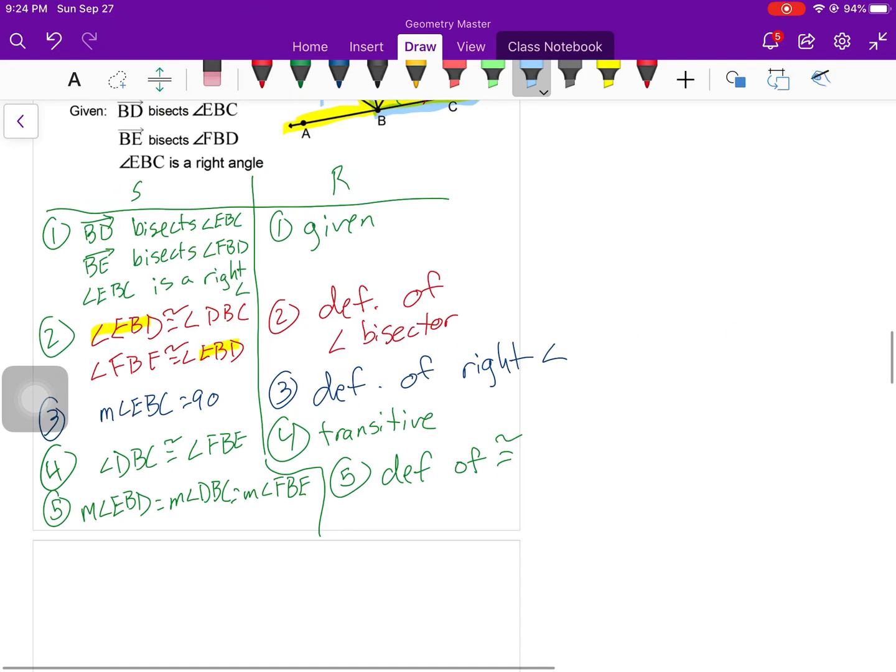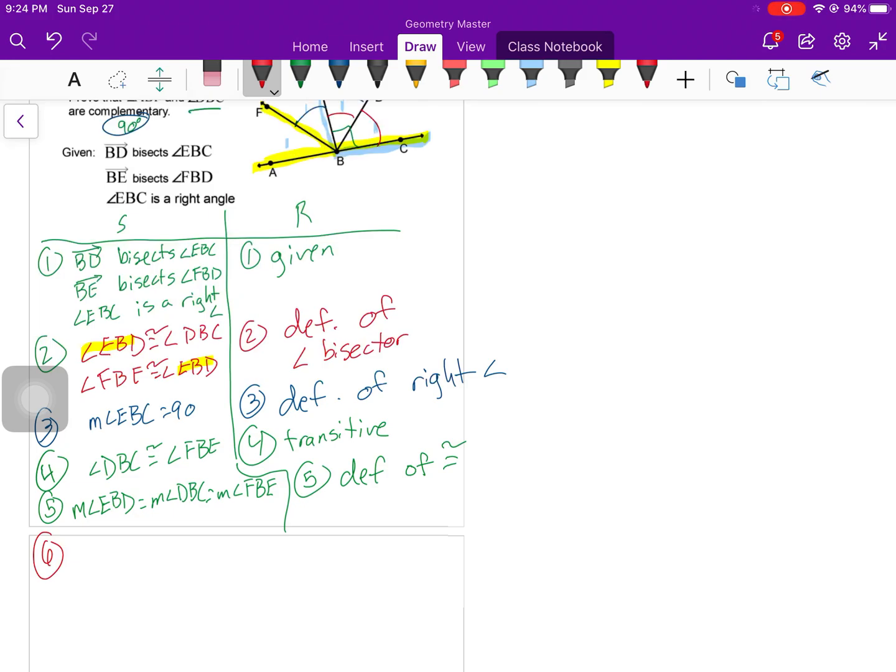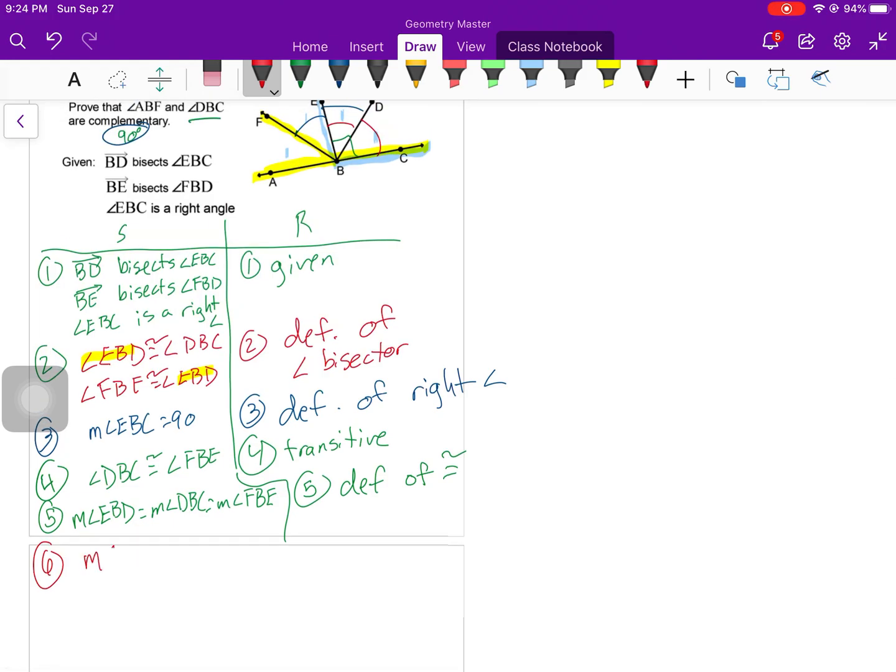So step 6, I know that the measurement of angle EBD plus the measurement of angle DBC equals 90, right?